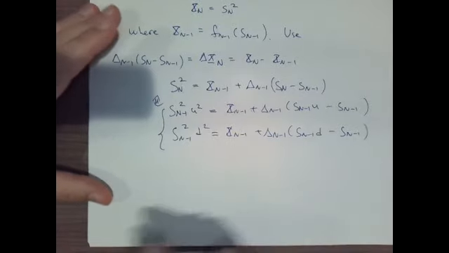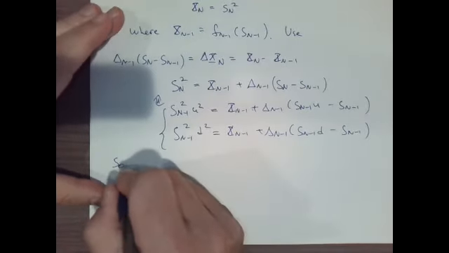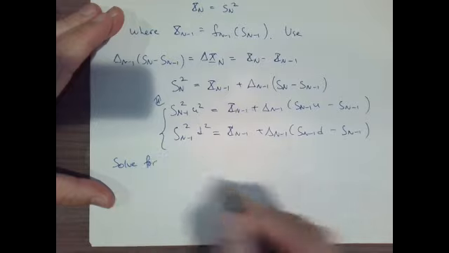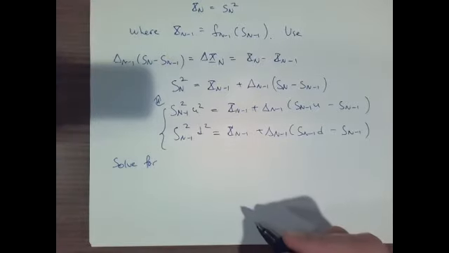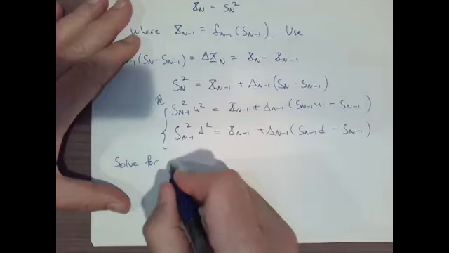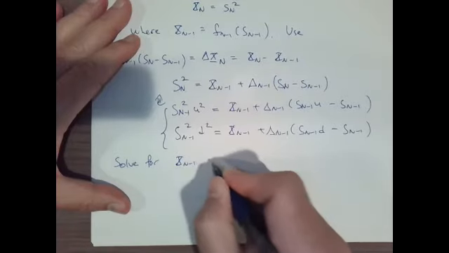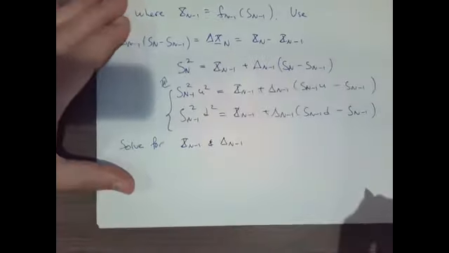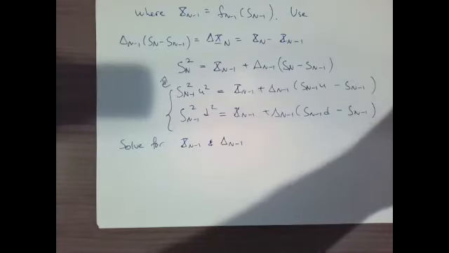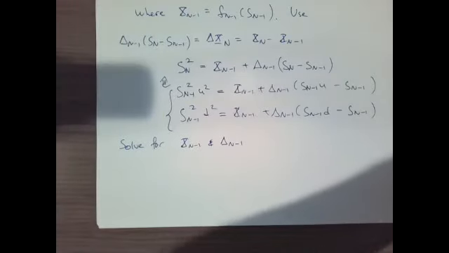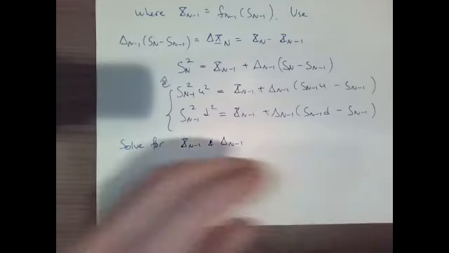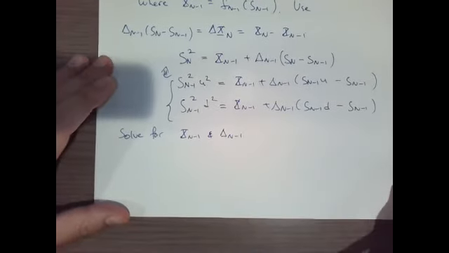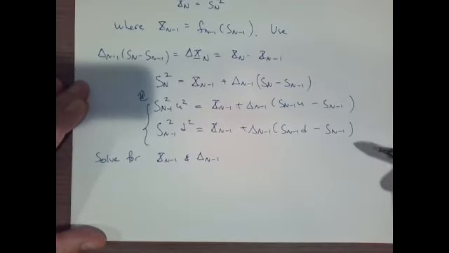So you solve for xn minus 1, and you solve for delta n minus 1. This should be quite familiar to you from the one period model.